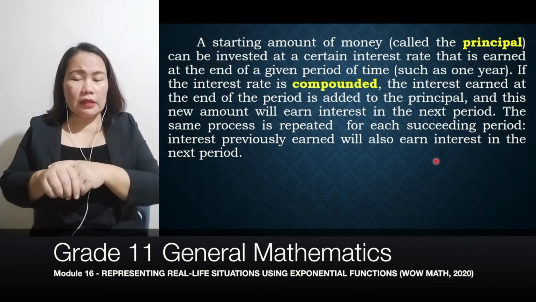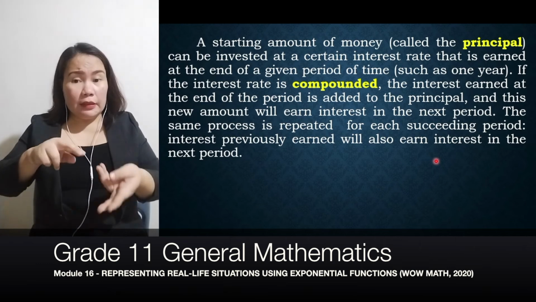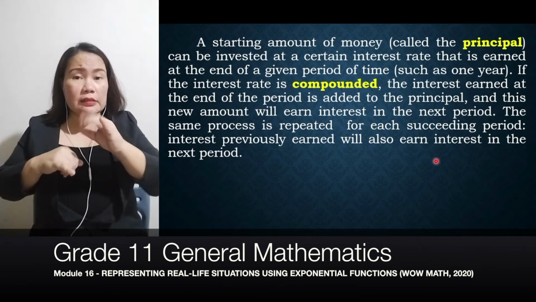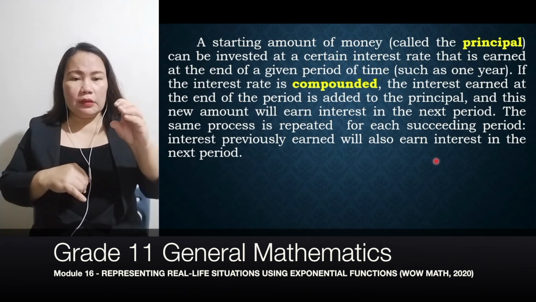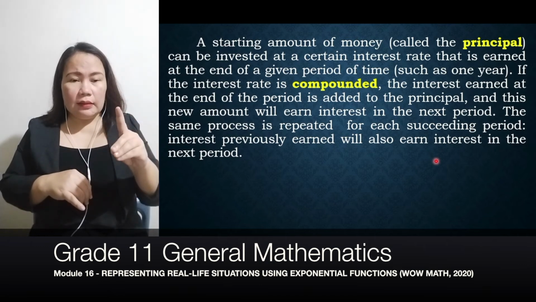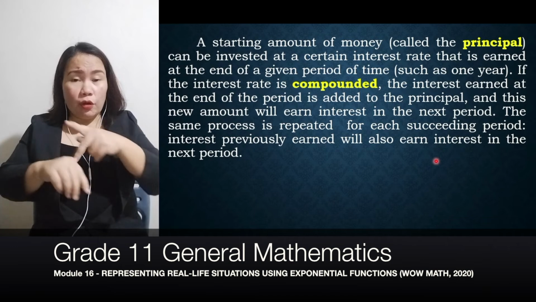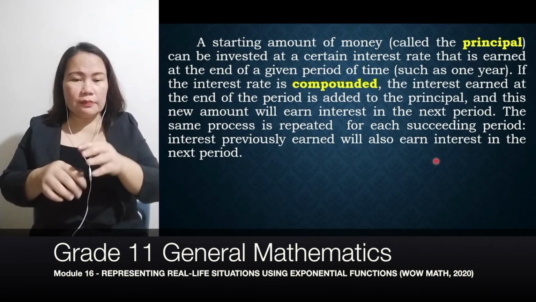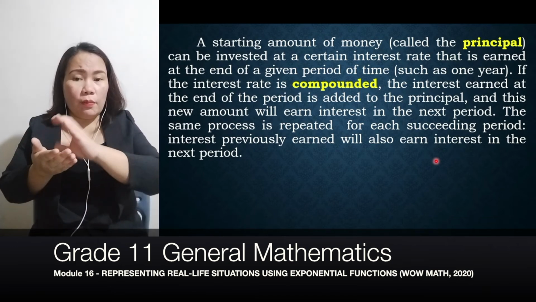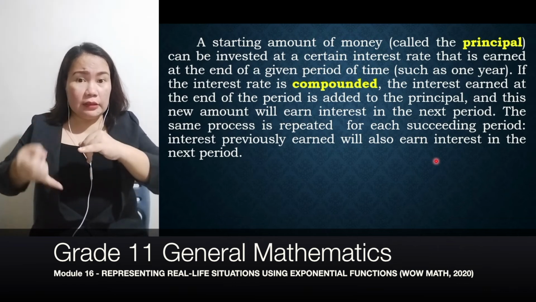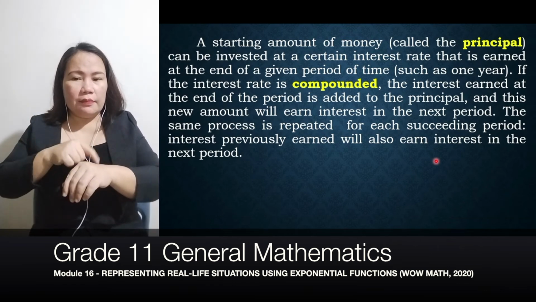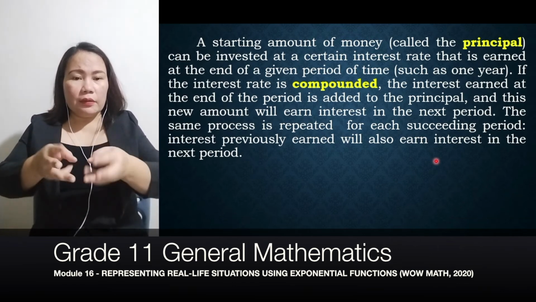If the interest rate is compounded, the interest earned at the end of the period is added to the principal, and this new amount will earn interest in the next period of time. The same process is repeated for each succeeding period. Interest previously earned will also earn interest in the next period.